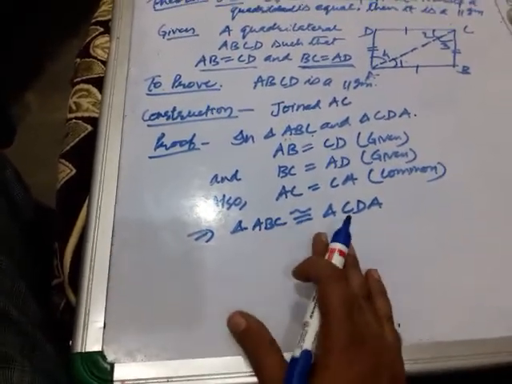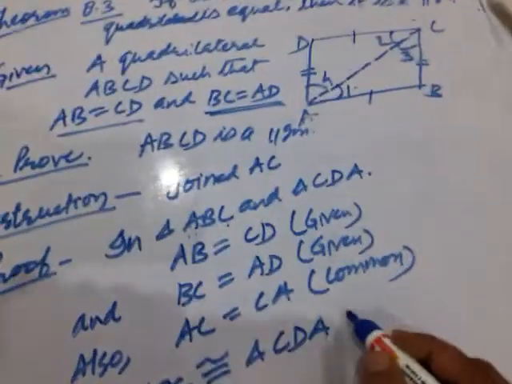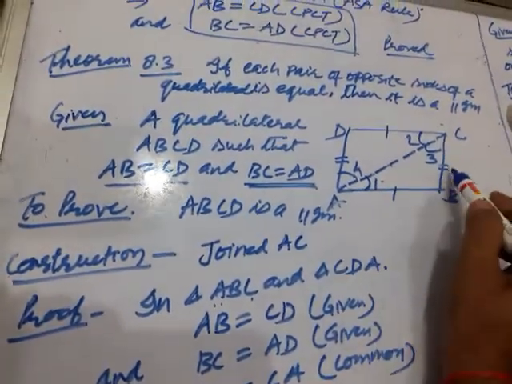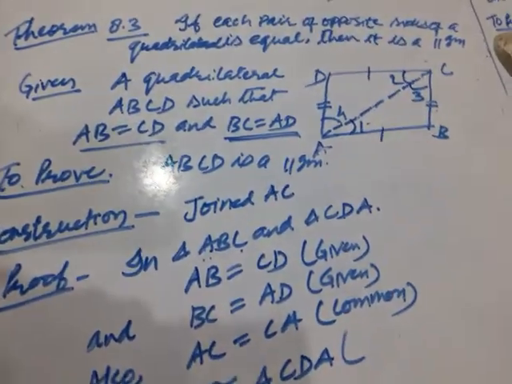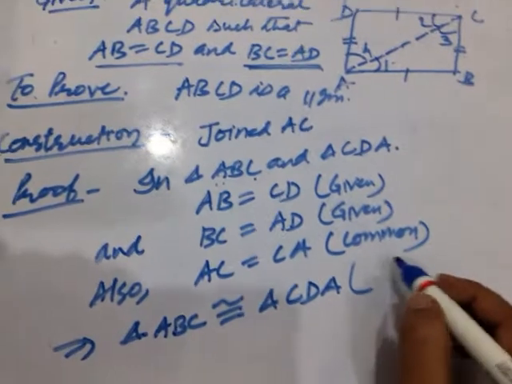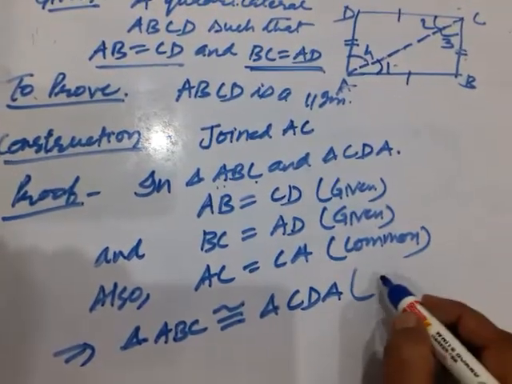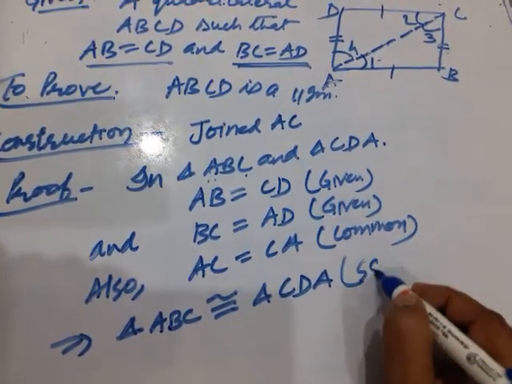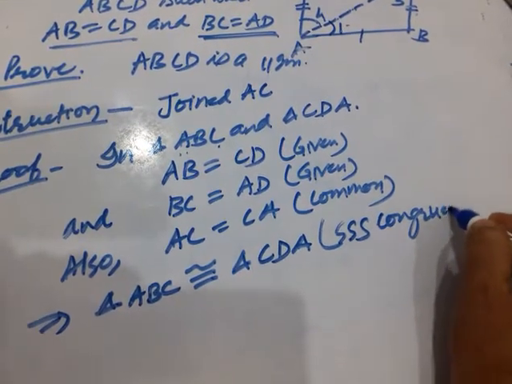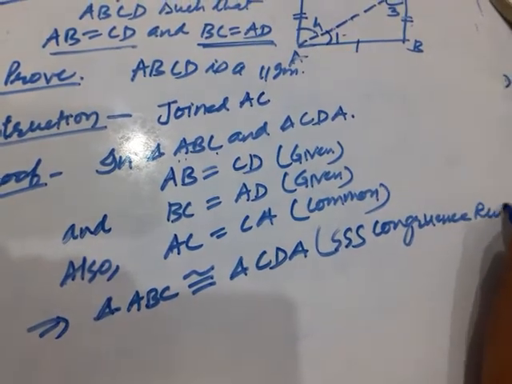Triangle ABC is congruent to triangle CDA by which congruence rule? Side, this side, this side, and this side. All three sides of one triangle are equal to the corresponding three sides of another triangle. That is by the SSS congruence rule.